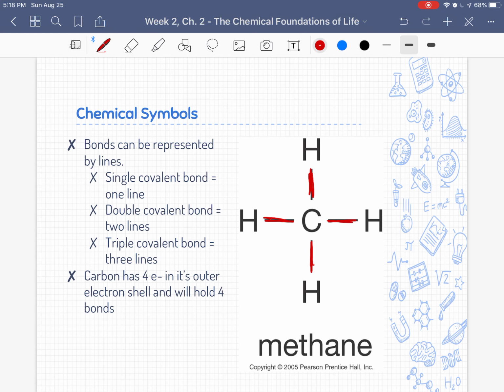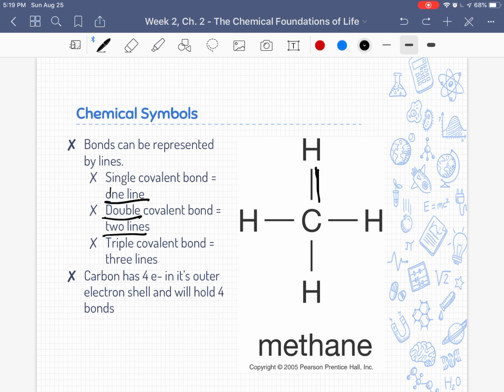If we are looking at what's called a single covalent bond, we're going to talk about covalent bonds in a second, but basically one line represents a single covalent bond. If there were double lines like this, that is a double covalent bond. So 2 lines is double, 1 line is single, 3 lines is triple. So if it looked like that, then you would see that it's a triple covalent bond.